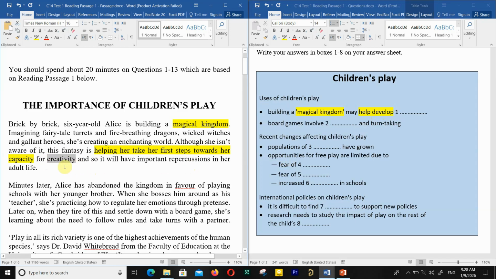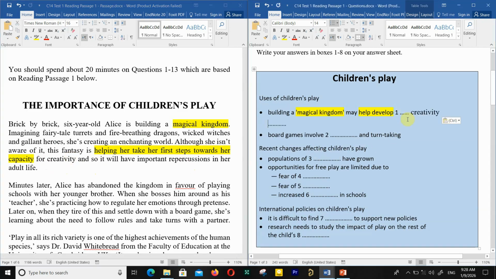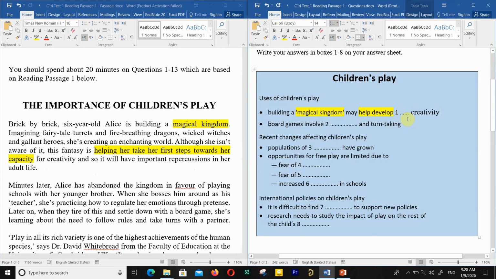And if you have problems, you can just copy and paste this word. It's really important because for your spelling mistake, your right answer would be wrong. So be careful about that. So creativity is the right answer for question number 1. Okay?